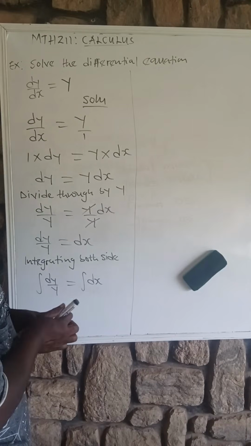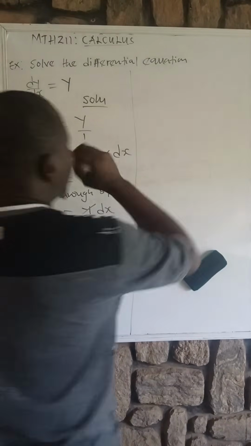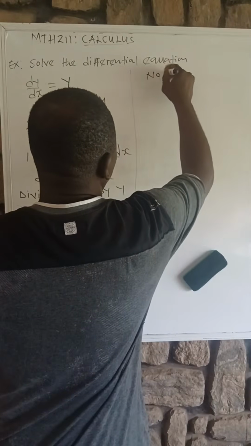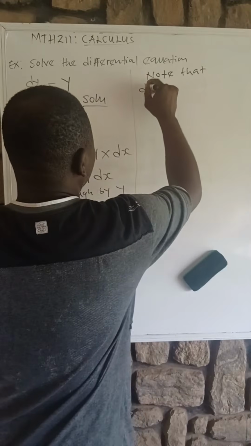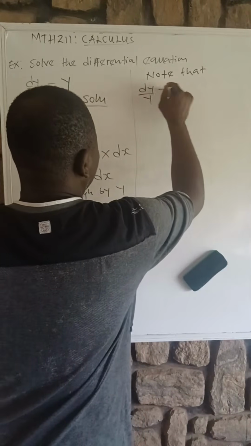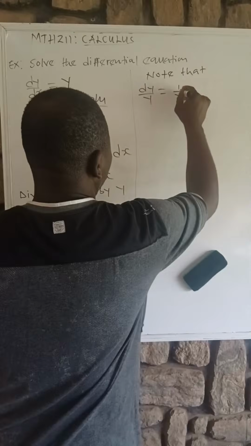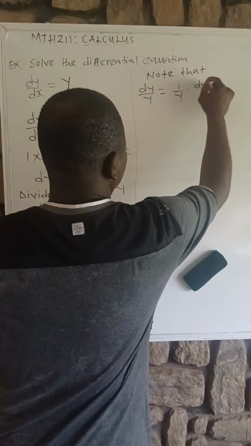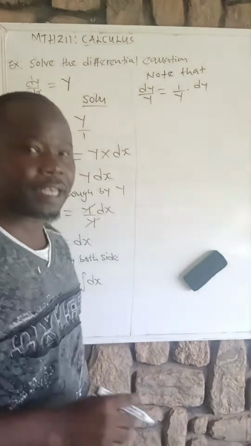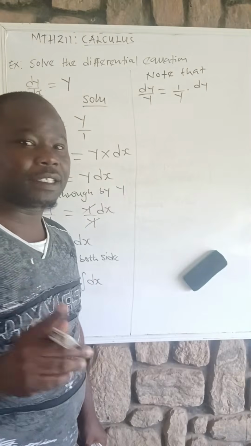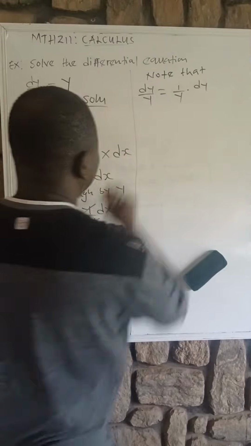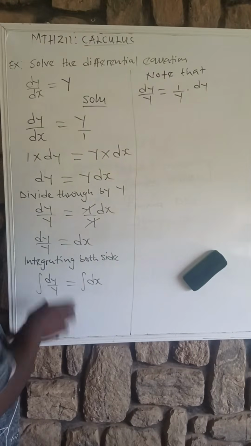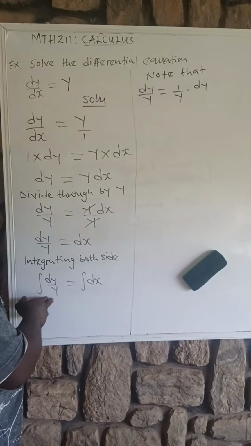I want you to note that dy all over y is the same thing as 1 all over y times dy. You know like that, right? So it means we are integrating 1 all over y.